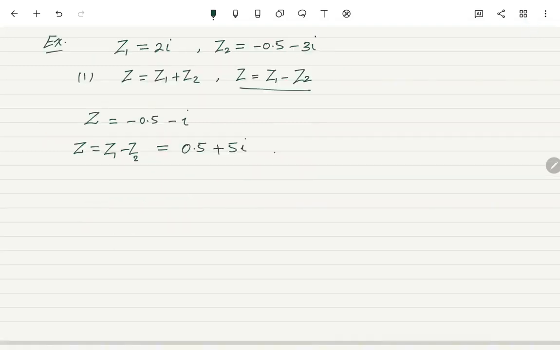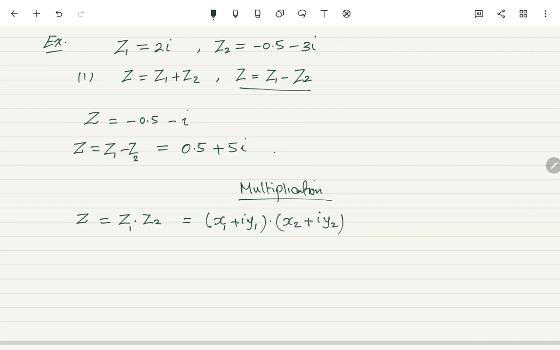Now let's discuss multiplication. What's going to happen if we multiply two complex numbers? If you have two complex numbers, z1 and z2, and z is equal to z1 times z2, then z1 z2 equals (x1 plus iy1) times (x2 plus iy2).